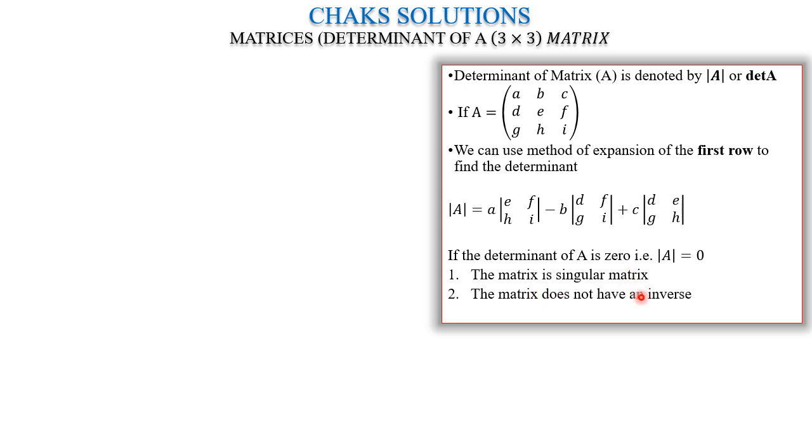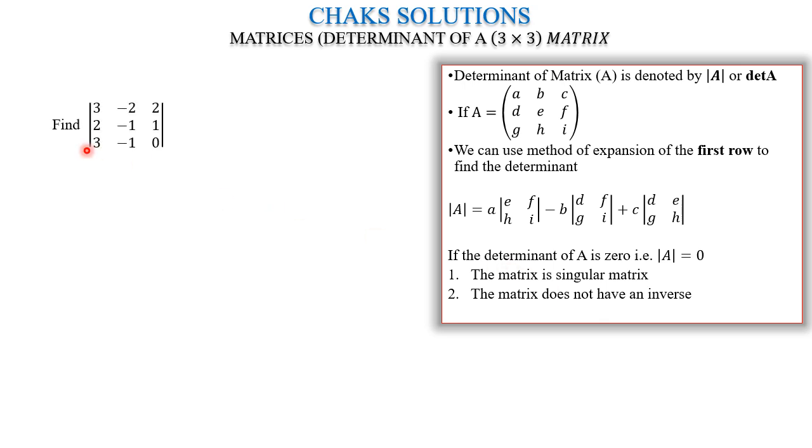Sometimes the question might ask you to show that the matrix is a singular matrix, so we just need to find the determinant and prove that it is equal to 0. Or the question might say, show that it does not have an inverse. You can also find the determinant, and if the determinant is 0, it means the matrix does not have an inverse.